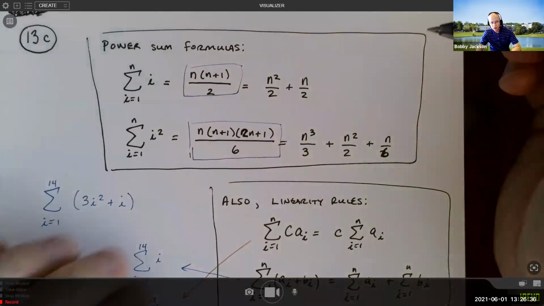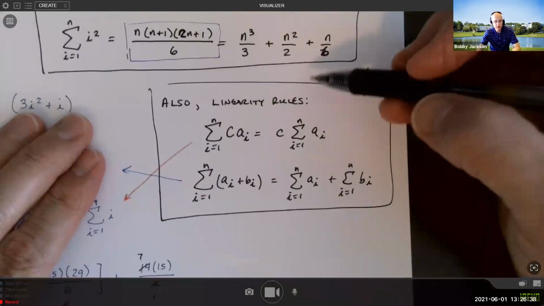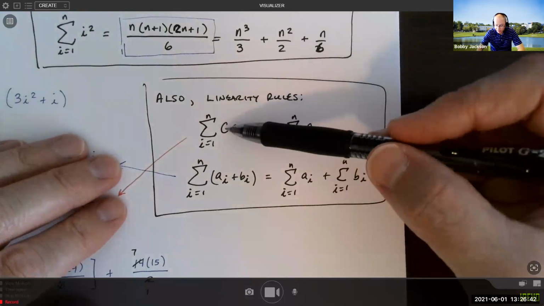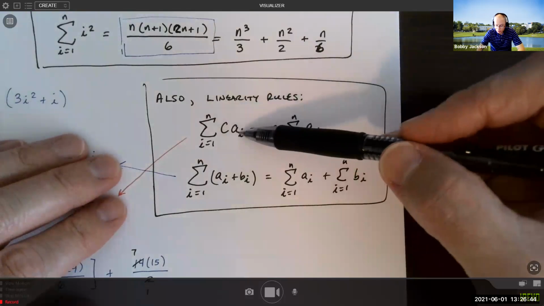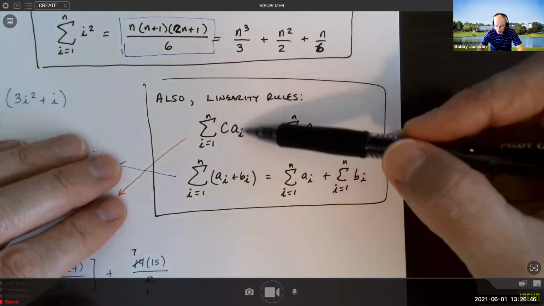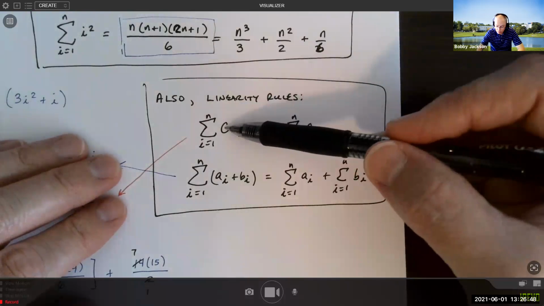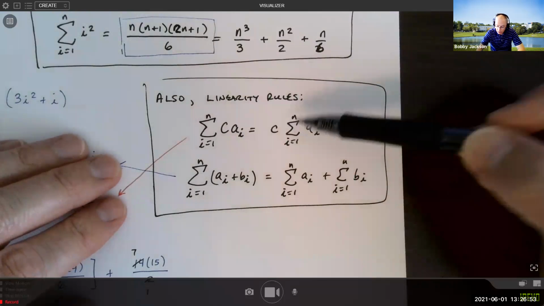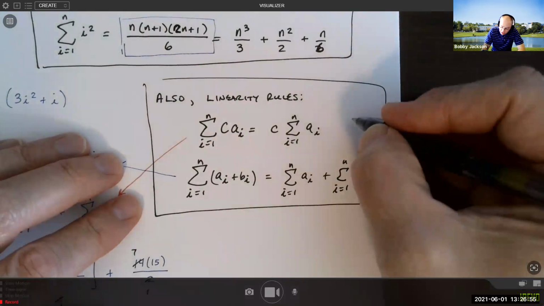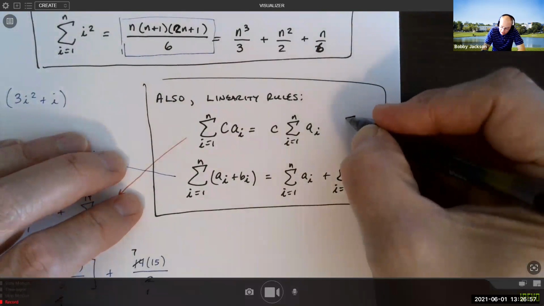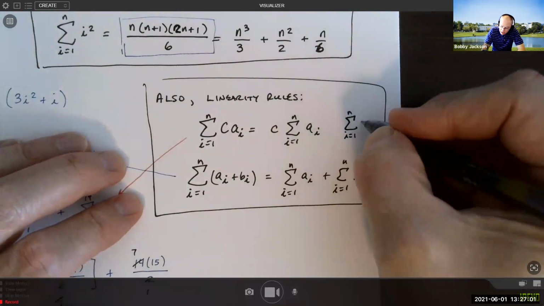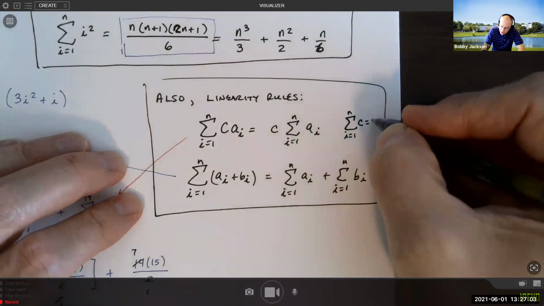In addition, though, you will need to know the linearity rules for sums. These won't be given on the test, and this simply says the summation of any constant times an expression that's dependent upon your index i, you can pull that constant outside the summation. And another one I should say is that if I sum i equals 1 to n of just a constant, we saw this before, this is just n times that constant.